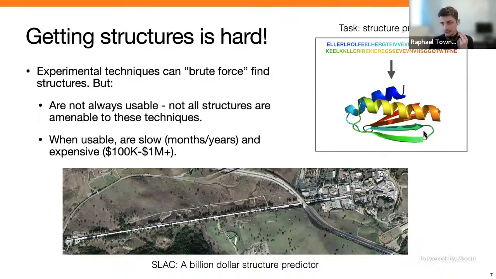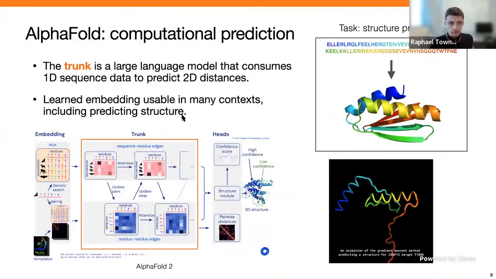And so really the dream of AlphaFold was, hey, can we learn this mapping instead with the right sort of algorithmic techniques? And fundamentally, AlphaFold is a large language model at the end of the day. It's consuming this one-dimensional sequence, going through a number of different embeddings, the details of which perhaps don't matter so much. Then you end up with this trunk overall, which is really just a bunch of different attention layers, learning more about these sequences.